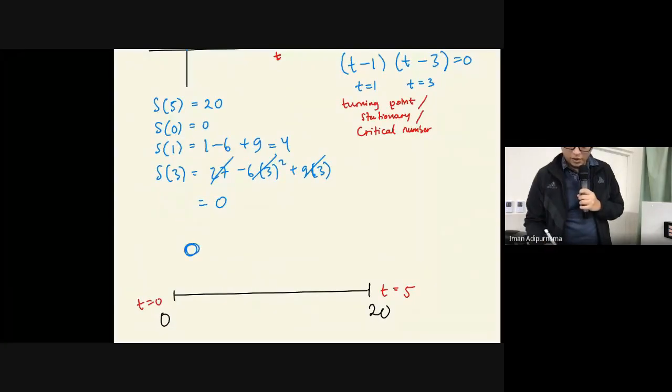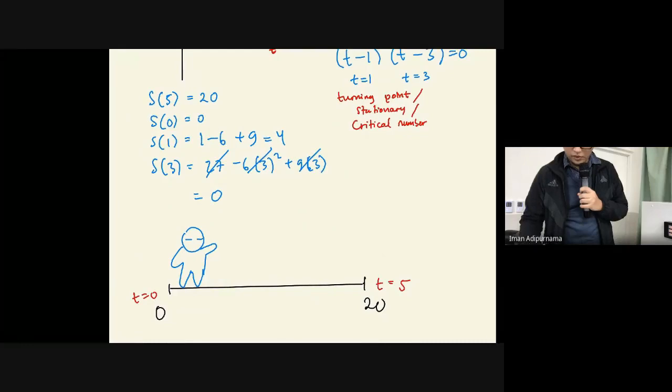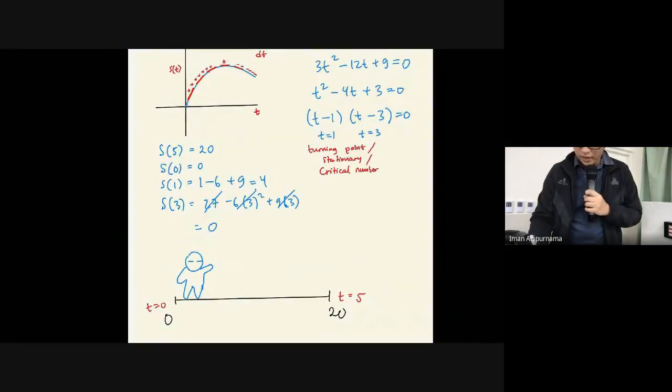Maybe this is a person, and then he moves to t equals 1. At t equals 1 the position is 4, so let me make 4 here.